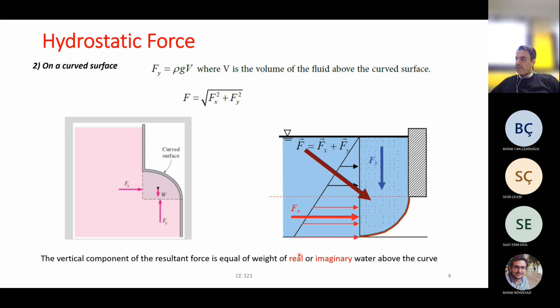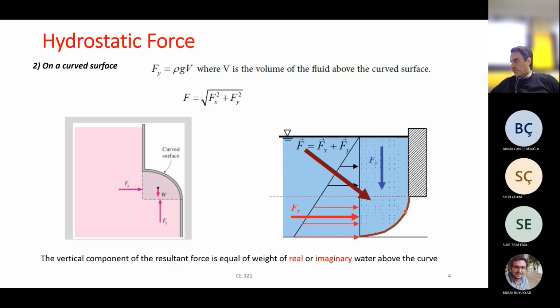For the Fy, actually Fy is nothing other than the weight of the water above the curve. What is the weight of the water above the curve? Weight equals gamma times m times g, or gamma times V, so you should find the volume of water above the curve.